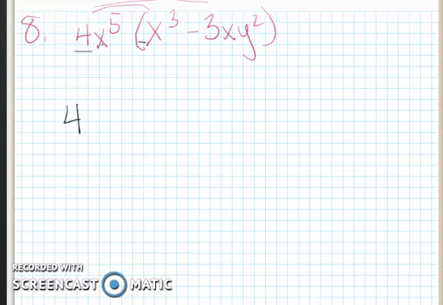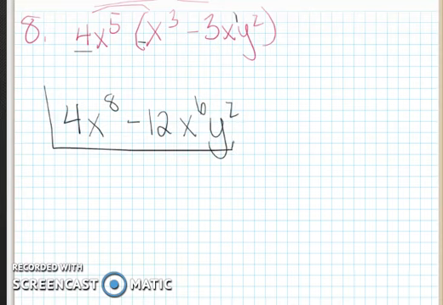That's just going to be 4. And then when I'm multiplying my exponents, this is going to be x to the 8th power. 4 times a negative 3 is a negative 12. X to the 5th, this is technically 1. Don't forget that. That becomes x to the 6th power. Don't forget that you have to add that. And then the y squared gets thrown on.